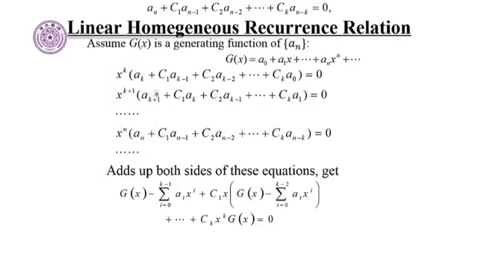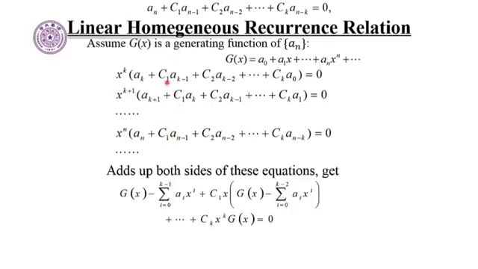Let's look at the first term. Actually, it's x to the kth power times a_k plus x to the (k plus 1) times a_{k+1}. Compared with the original generating function, it only lacks the first k terms, so the accumulative sum of the first column is equal to g(x) minus the sum of a_i x^i, in which i is from 0 to k minus 1.